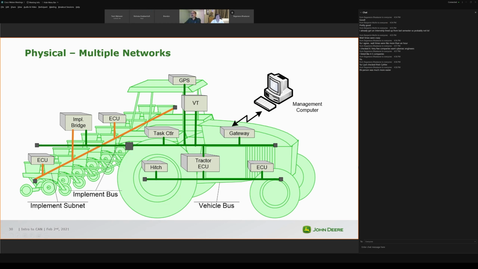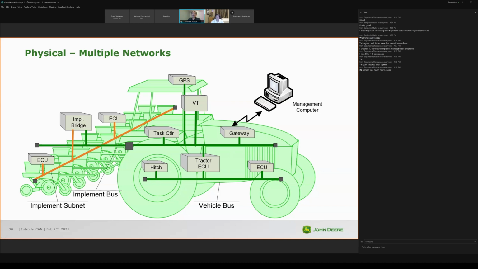There is forwarding, but we design which ones should be and which ones shouldn't be forwarded between the vehicle bus and the implement bus. But all the controllers on a particular bus have access to it.